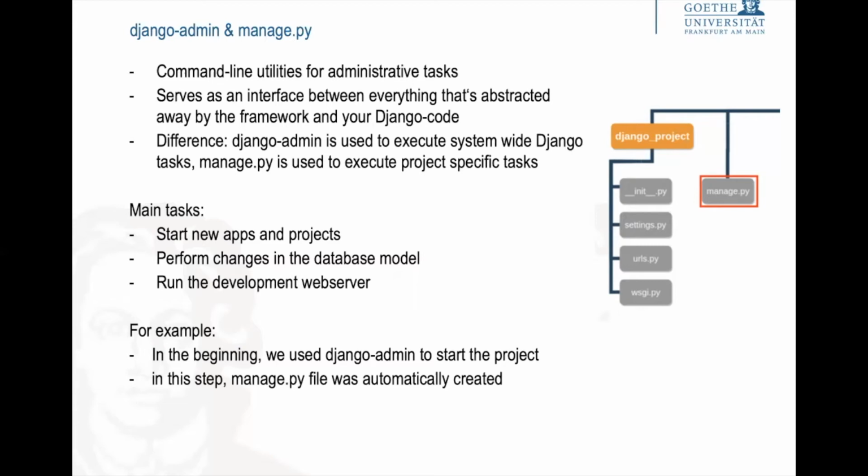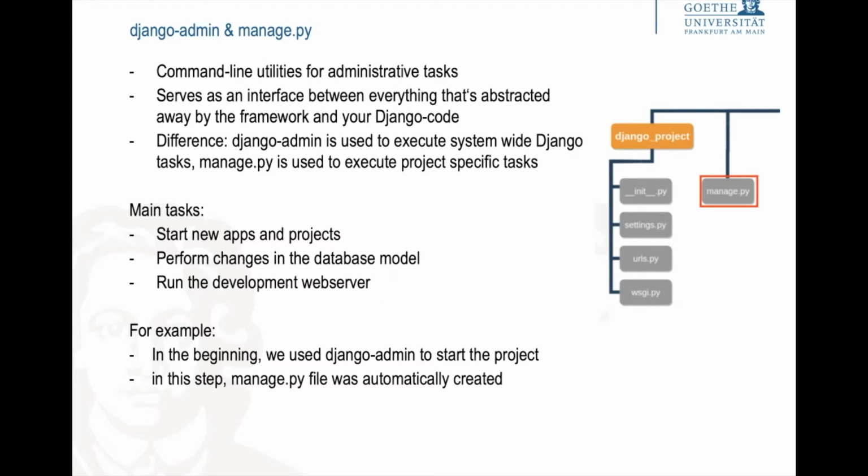And there's one difference. While manage.py is used solely to execute project-specific tasks, the Django admin is used for system-wide tasks. And the main functionalities that those two provide are the start of new apps and projects.